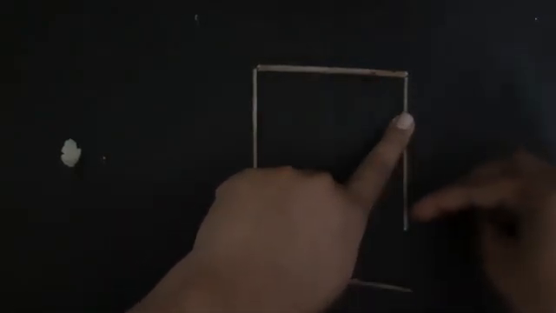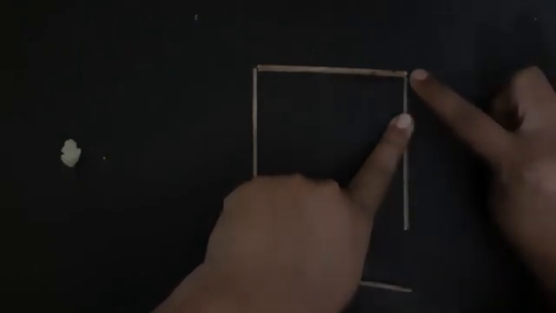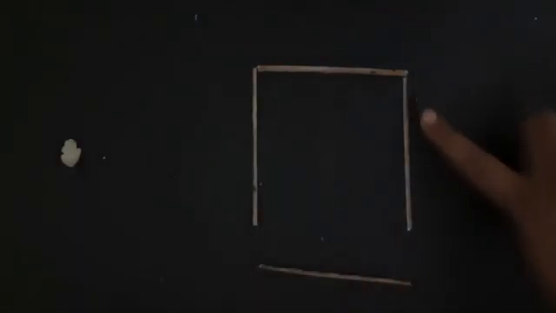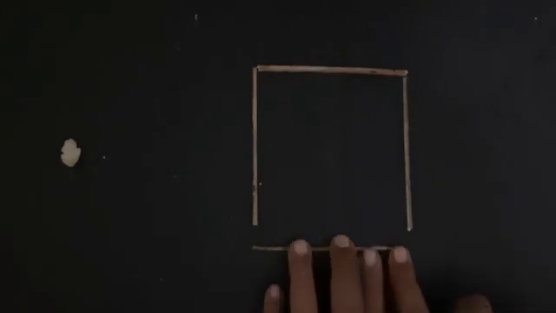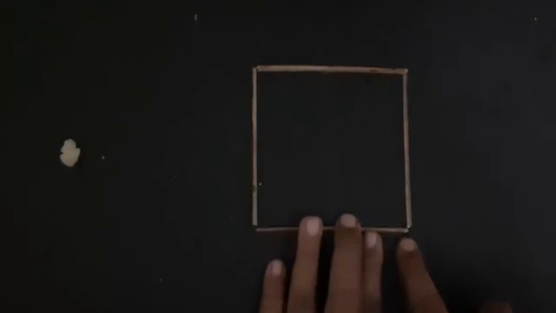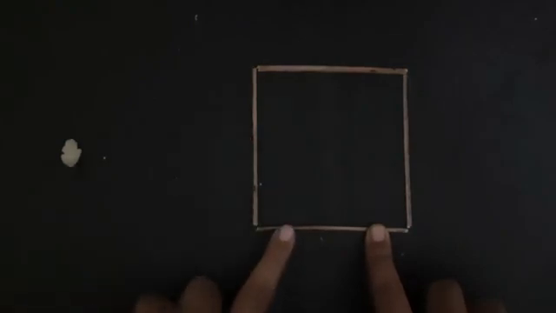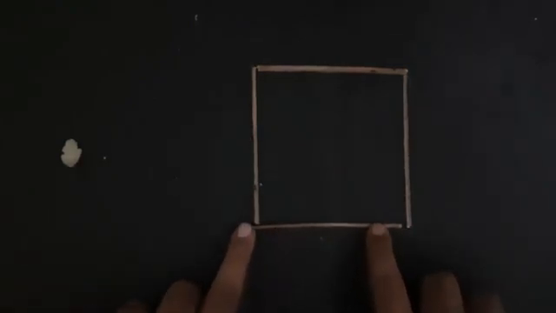In the same way, now we are taking these 2 lines. Here this line and this line are meeting at one point. We call this a corner. Here again this line and this line are meeting at one point. This is also one corner. And here again this line and this line are meeting at one point.